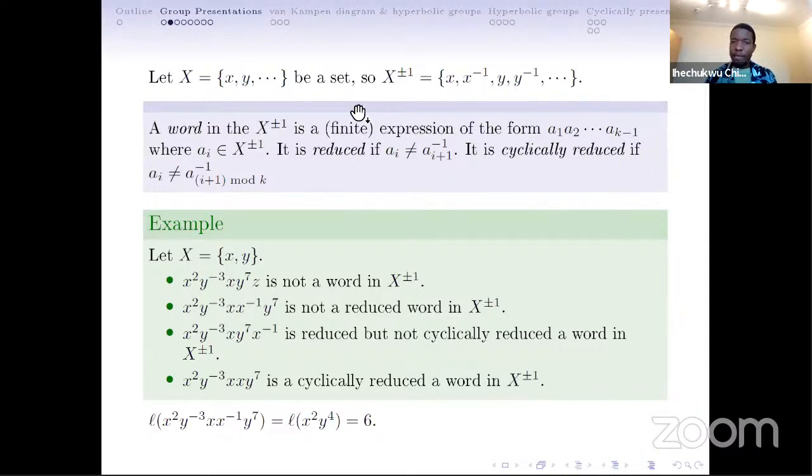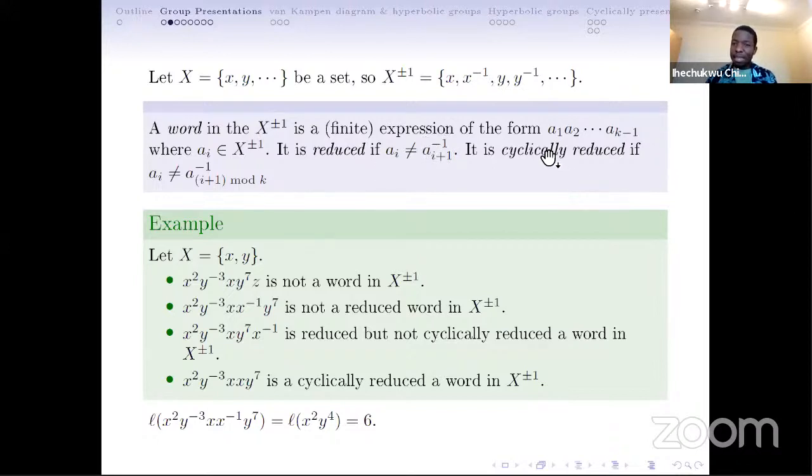And a word in your alphabet is just a finite expression of this form where the a_i are from your alphabet. So you think of these a_i as letters in your alphabet, just like you have a, b, c. And then we say that this word is reduced if there is no occurrence of something like that. So there are no consecutive terms where one is the formal inverse of the other.